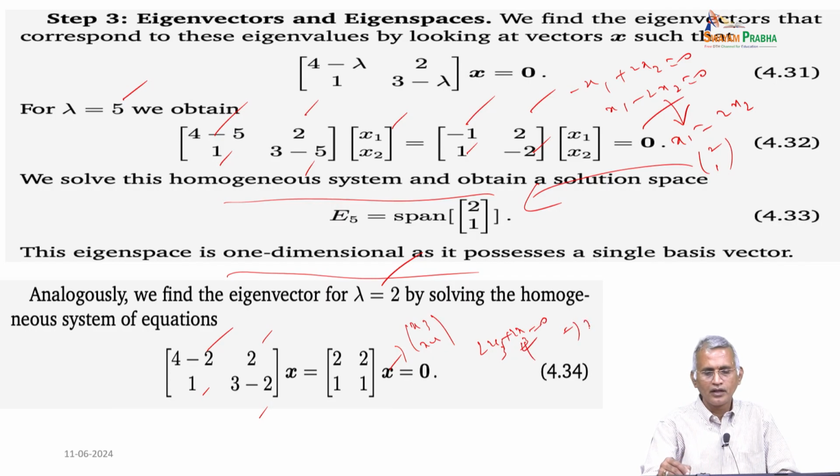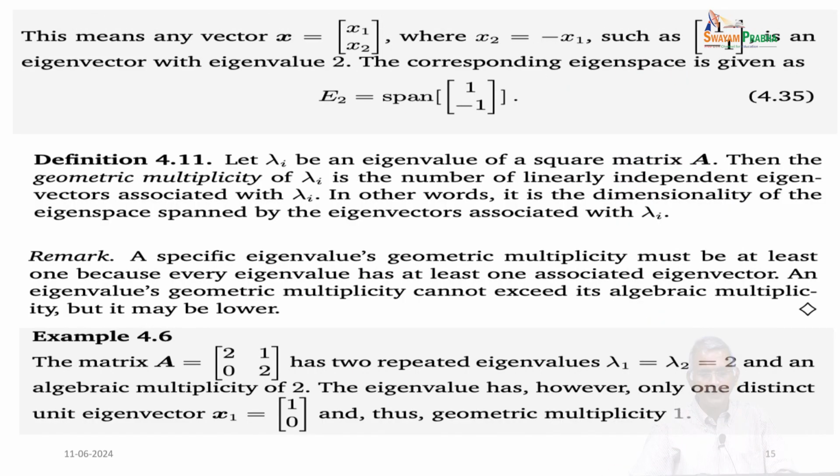That means x1 plus x2 equal to 0, therefore x1 equal to minus x2. Therefore, if you choose x2 as 1, then x1 equal to minus 1, or vice versa. So, this is the meaning of the eigenvector. Therefore, E2 is the span of [1, minus 1].